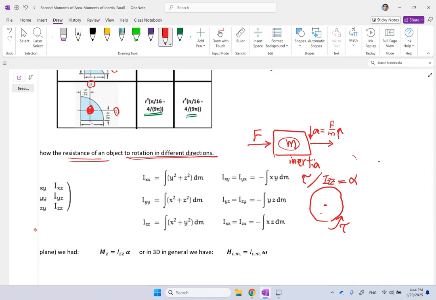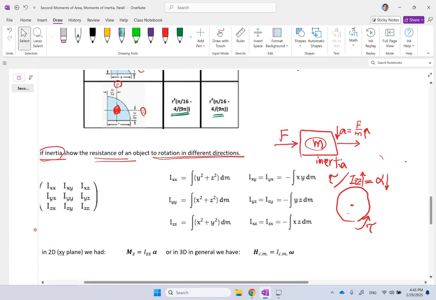So the bigger this moment is, the slower it is going to start increasing or decreasing its RPM, or its angular velocity. Okay, so bigger moment means it doesn't like to be spun. It wants to not be rotated. Yep, so these are resistance to rotation.